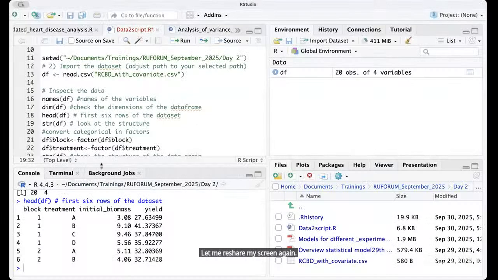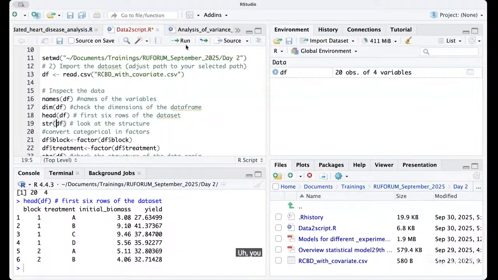Sorry, my internet went off. Let me reshare my screen again. Okay, so the head will give us the first 6 observations, and then line 19 will give us the structure of the data.